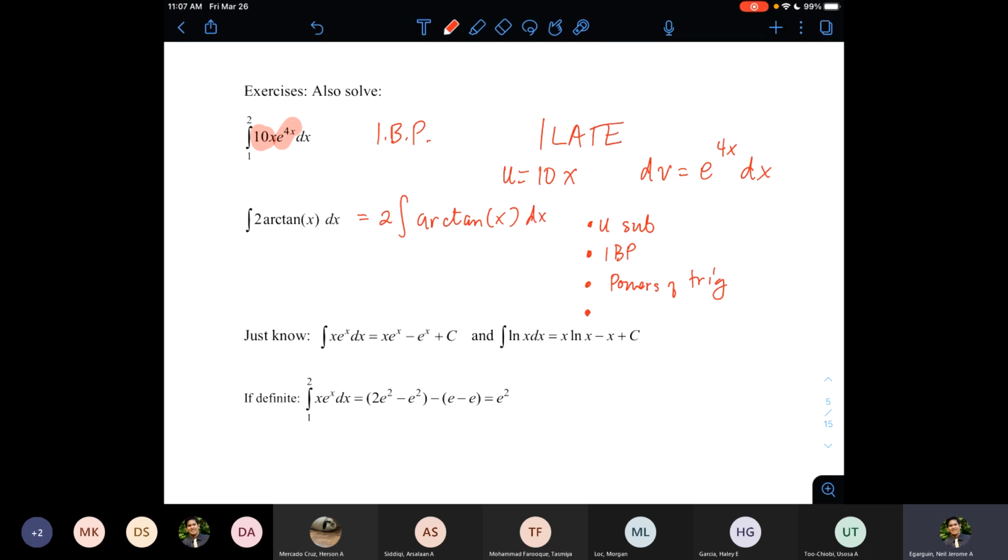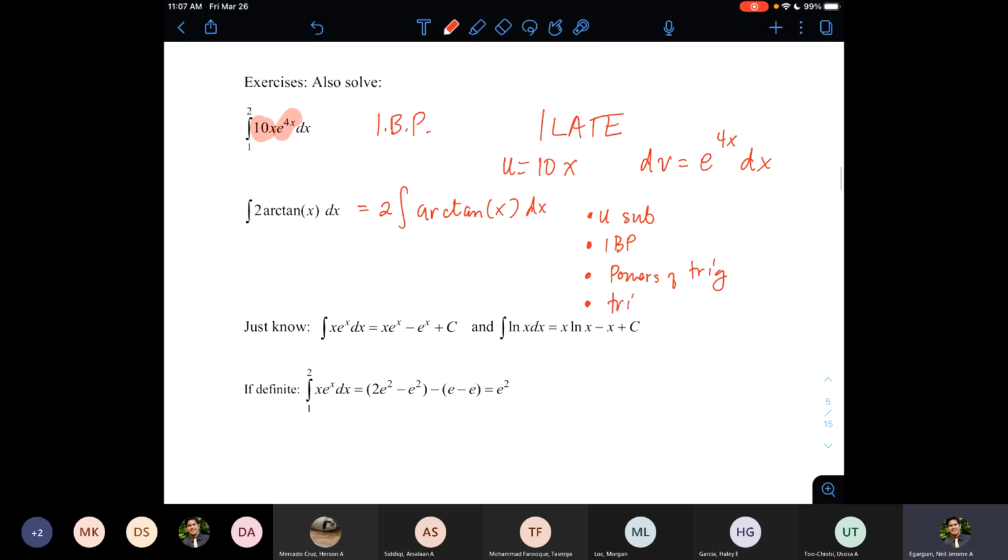What else? We did trig sub. But remember, trigonometric substitution only works when you have radicals, right? And then we change the variable into a trig function so that we get rid of the radical. So it will not work with arctan of x because it's not an expression involving a radical.